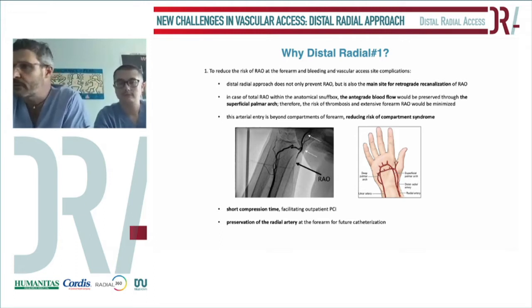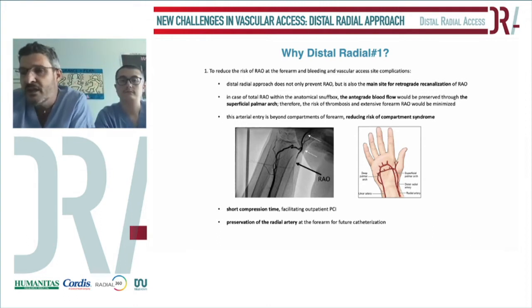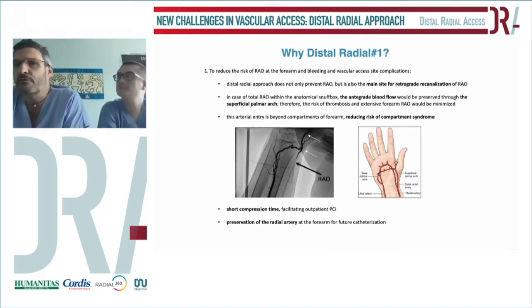This is one of the most frequent complications of radial access, and if we have the possibility to reduce the rate of radial artery occlusion at the forearm, I think that it would be very helpful and useful for our patient. Then, this radial approach does not only prevent the occlusion at the forearm, but it is also the main site for retrograde recanalization in case we find radial artery occlusion.